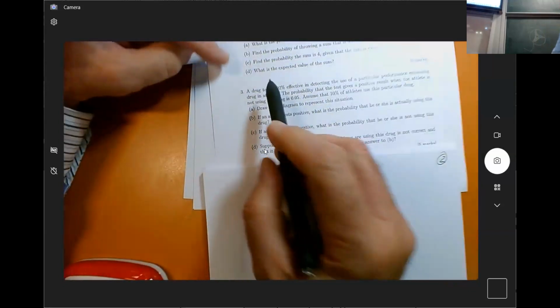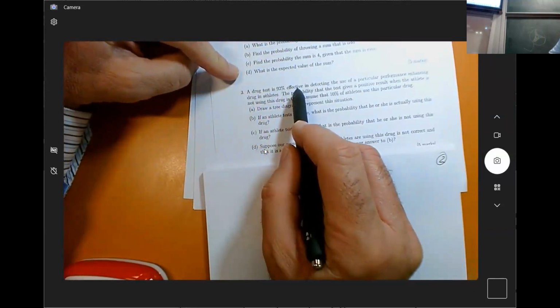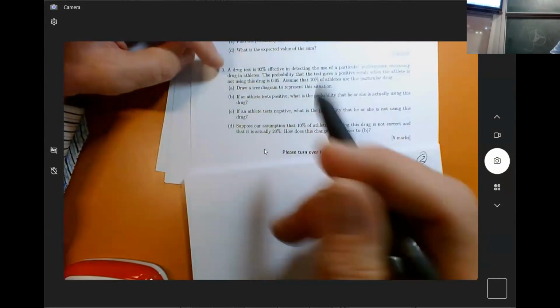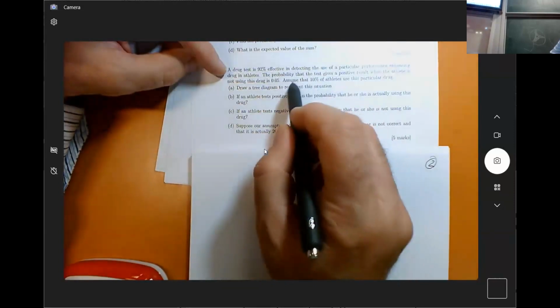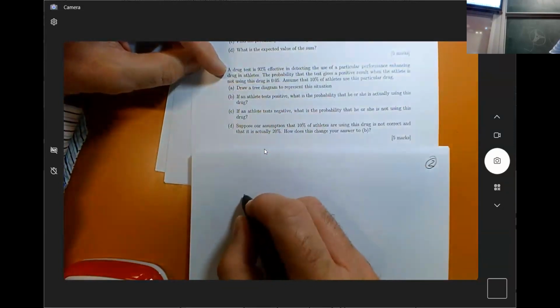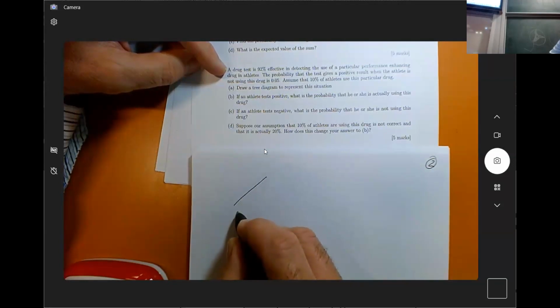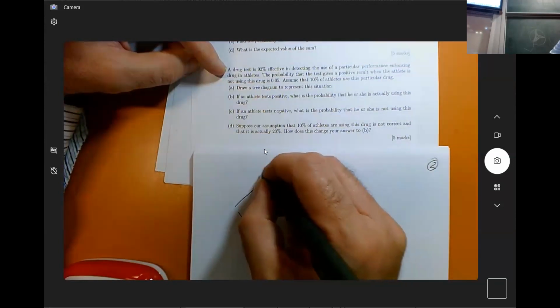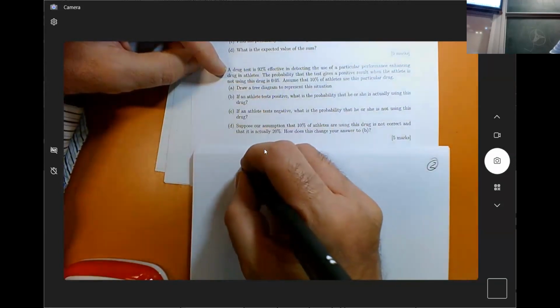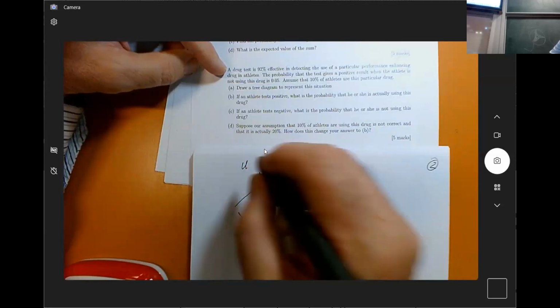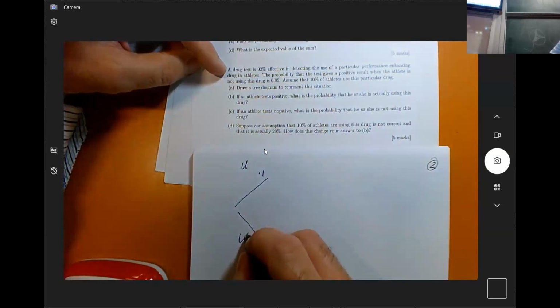Because the information about how effective the test is for testing positive depends on whether the athlete is using the drug, that first step is 0.1 uses the drug, and the other one 0.9.